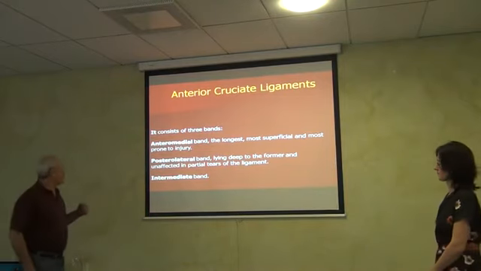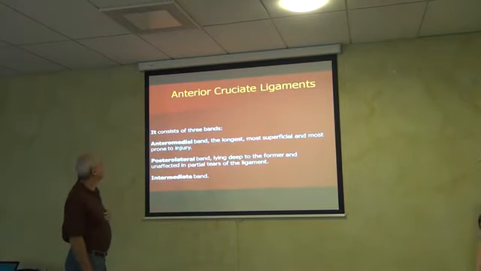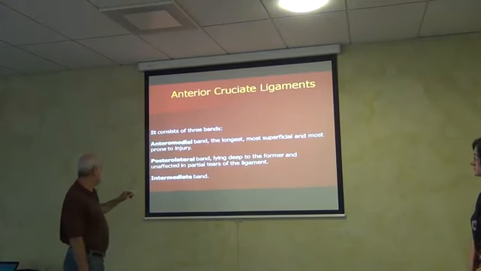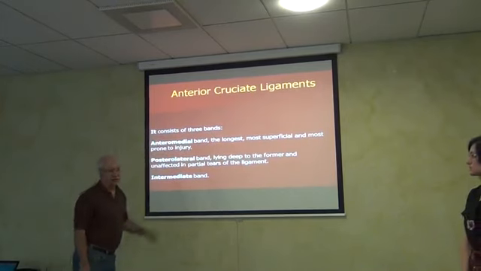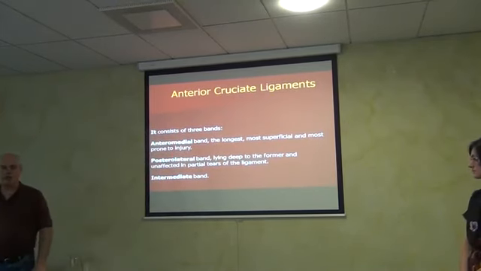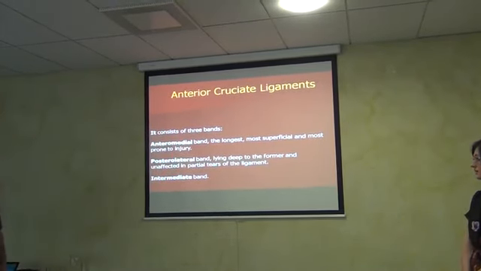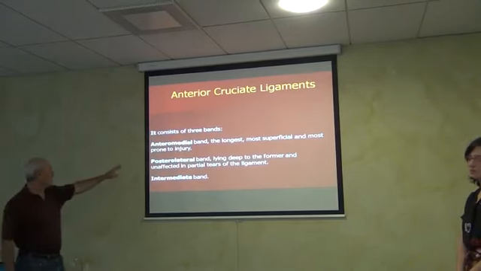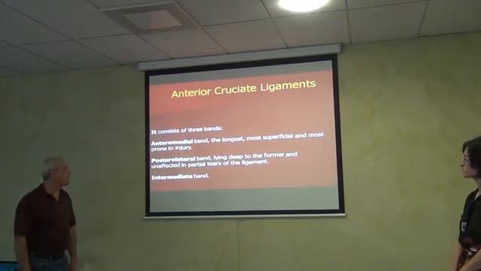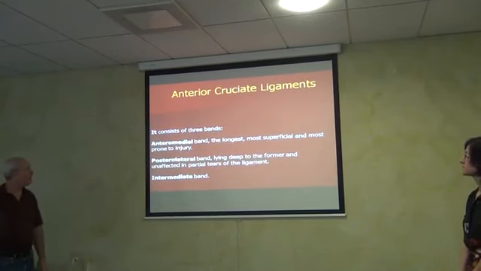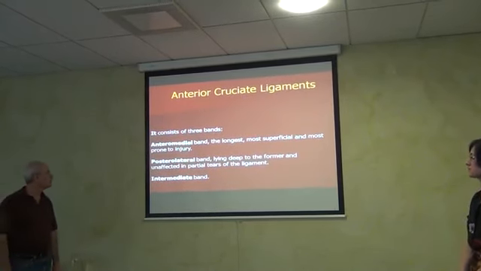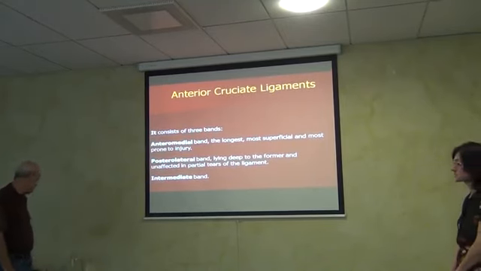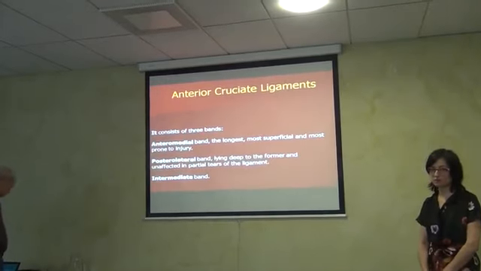Okay, the anterior cruciate ligament. Передняя крестообразная связка has 3 bands, состоит из 3 пучков, and the insertion is like a fan. И ее прикрепление имеет веерообразную форму. We have the anterior medial band, the longest, the most superficial, and most prone to injury. Значит, первый пучок это передний медиальный, он самый длинный, самый поверхностный и самый уязвимый для травм.